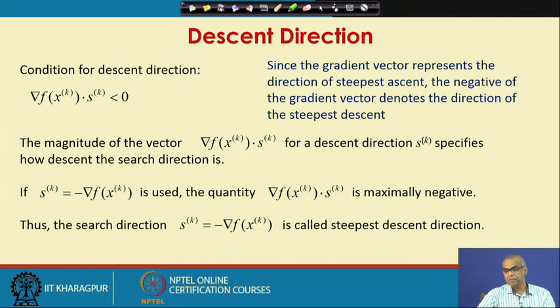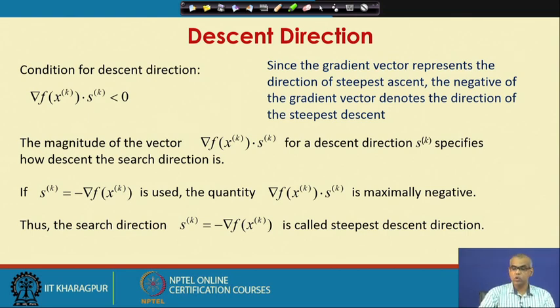Now, since the gradient vector represents the direction of steepest ascent, the negative of the gradient vector denotes the direction of steepest descent. So, we discussed a few slides back that the gradient vector always points to the direction in which the function value is changing at the fastest rate.